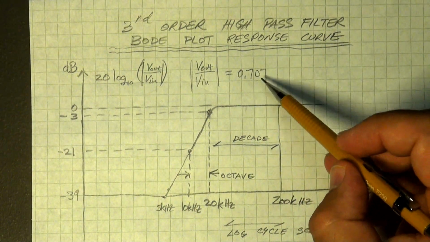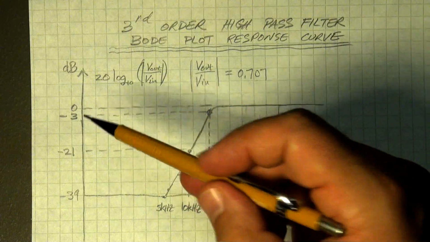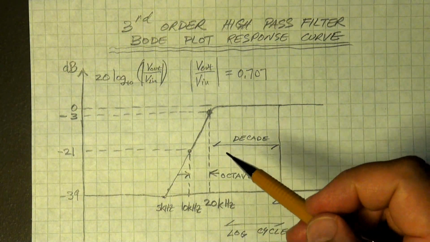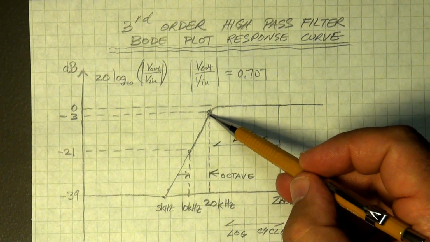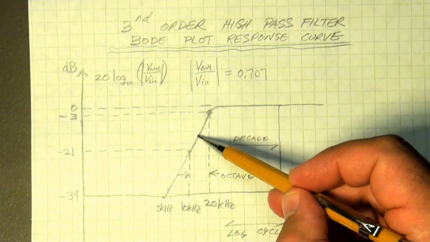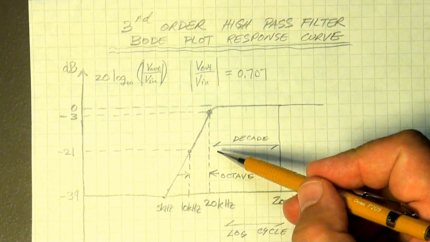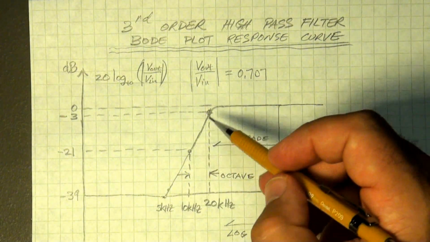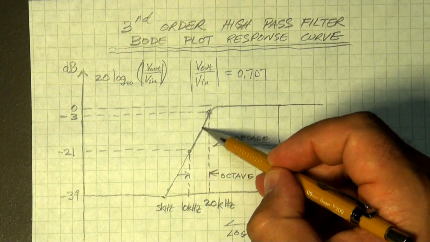If you take the base 10 log of that and multiply by 20, you'll get minus 3. And if I drop the frequency, in this case it's a high pass filter, so as I drop the frequency, its output diminishes by roughly about 18 decibels.